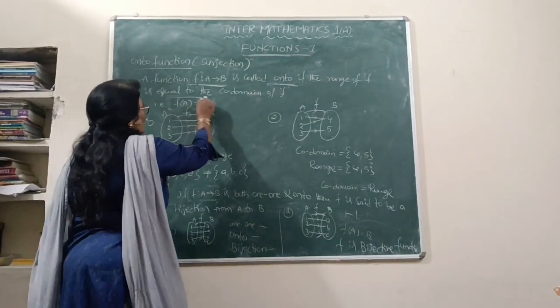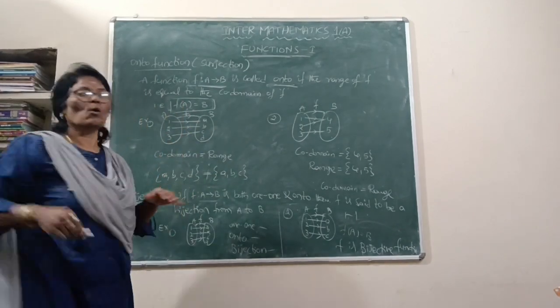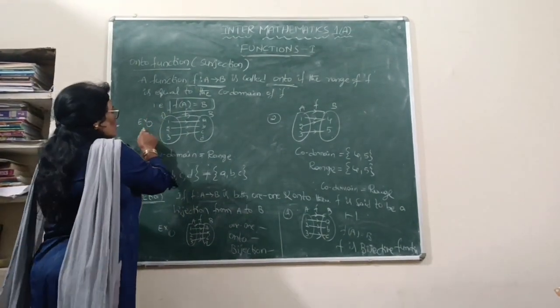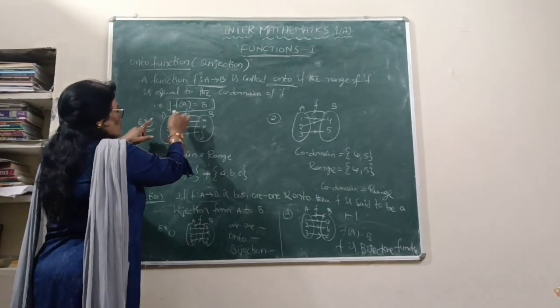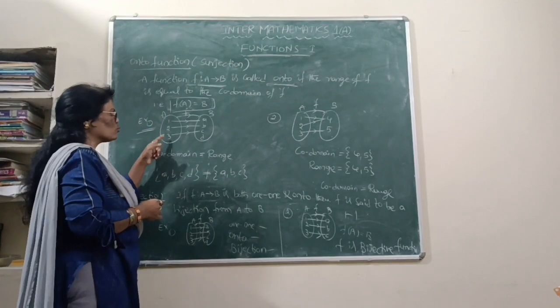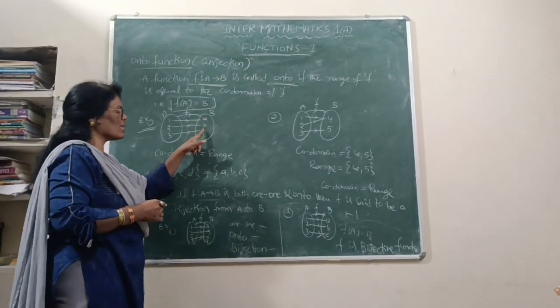That means f of A is equal to B. Here with an example we'll discuss. F is a mapping from A tends to B. Here A contains 1, 2, 3 and B contains A, B, C, D.